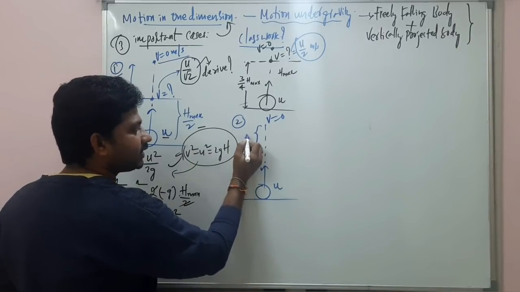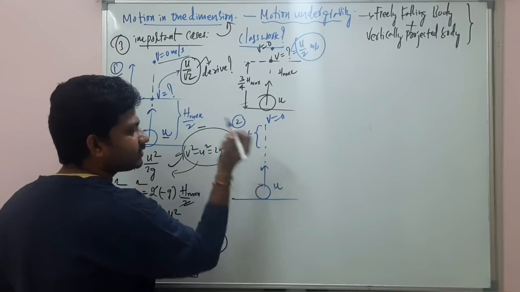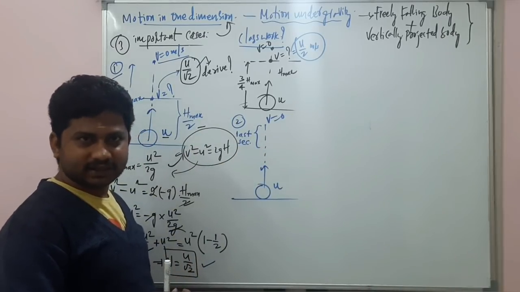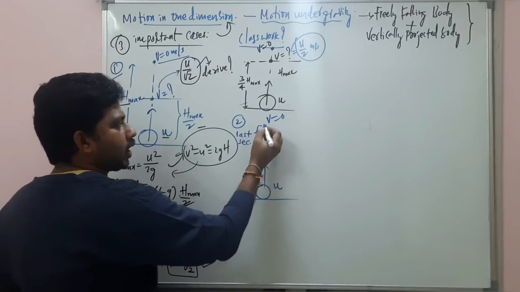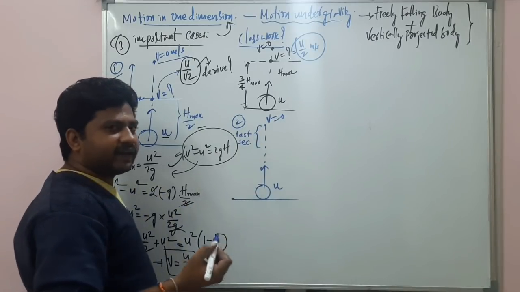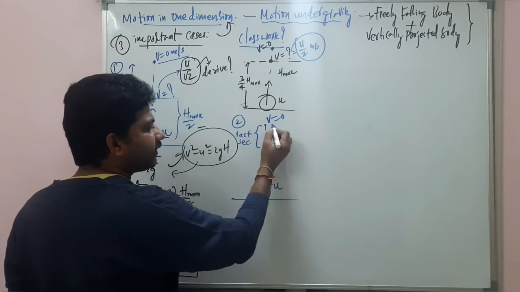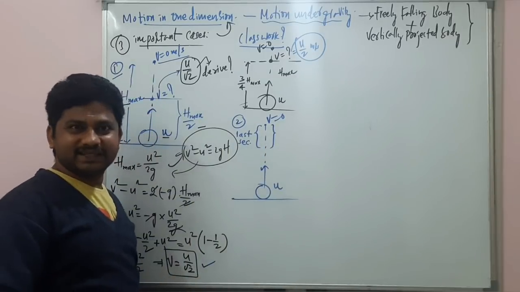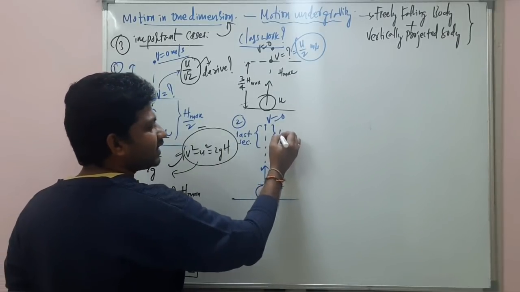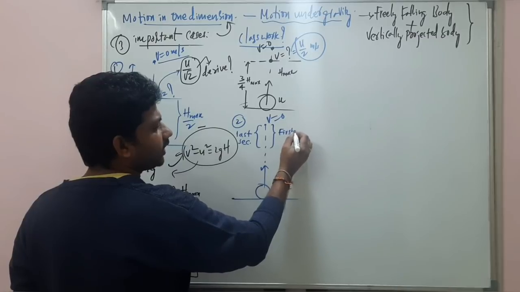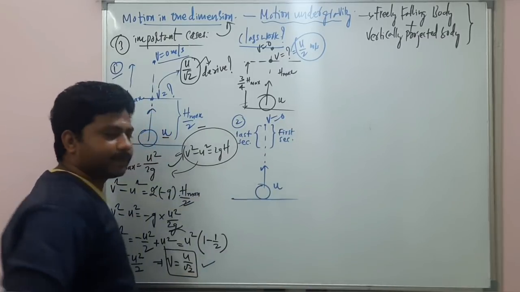So I am writing it as last second. After reaching the maximum height, final velocity will be 0 and the body will free fall in the return journey. So this is the distance traveled by the body in the first second.